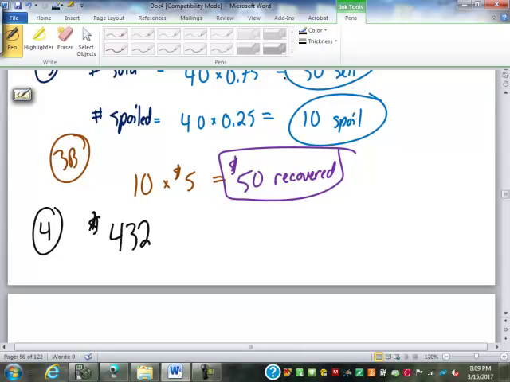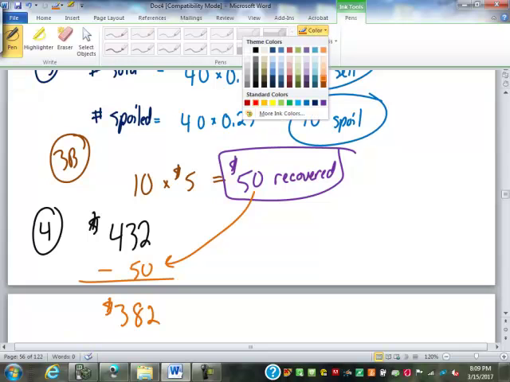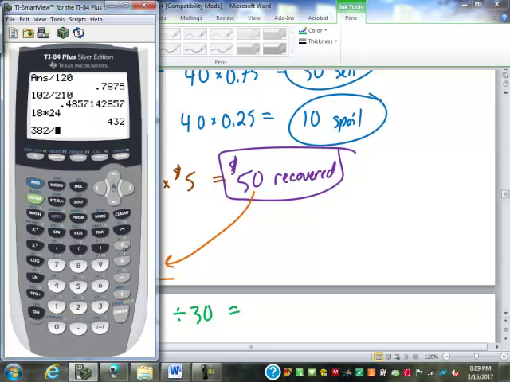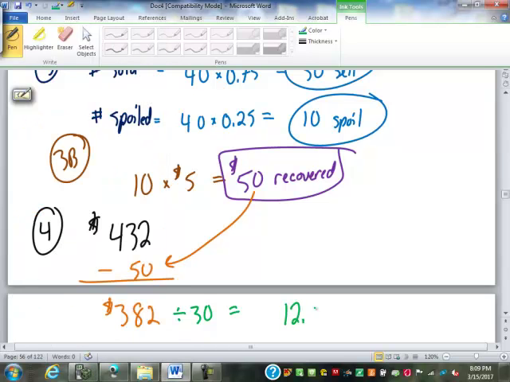That's our needed selling price. We are going to subtract the $50 that's recovered. We get $382 is now what we need out of the ones that are sold. What are we going to do to the 382? Divide it by the 30 that sell. $12.73. So you need to sell those shirts for $12.73 each.